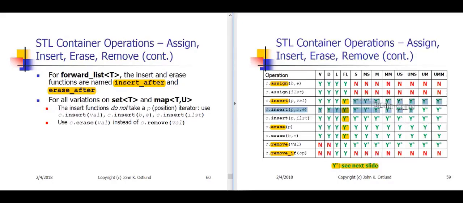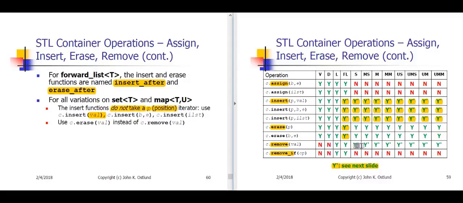Also, for all the associative containers and the hash table containers, what the asterisks here on all these yeses imply is that you do not specify a position that is an iterator where the insertion is supposed to occur, because the associative containers and the unordered containers maintain their own internal structure about where things are supposed to go. So you can insert a value without specifying where that value is supposed to go, and so forth.